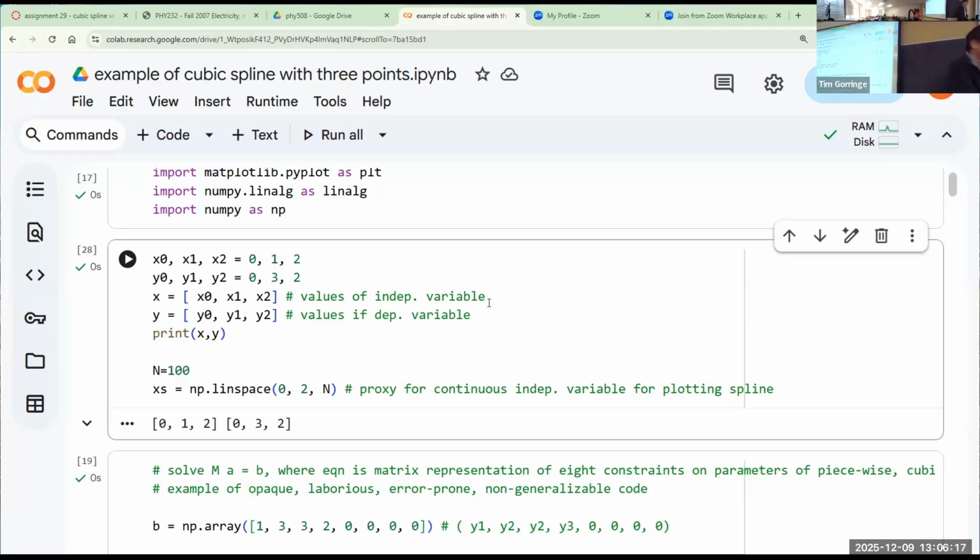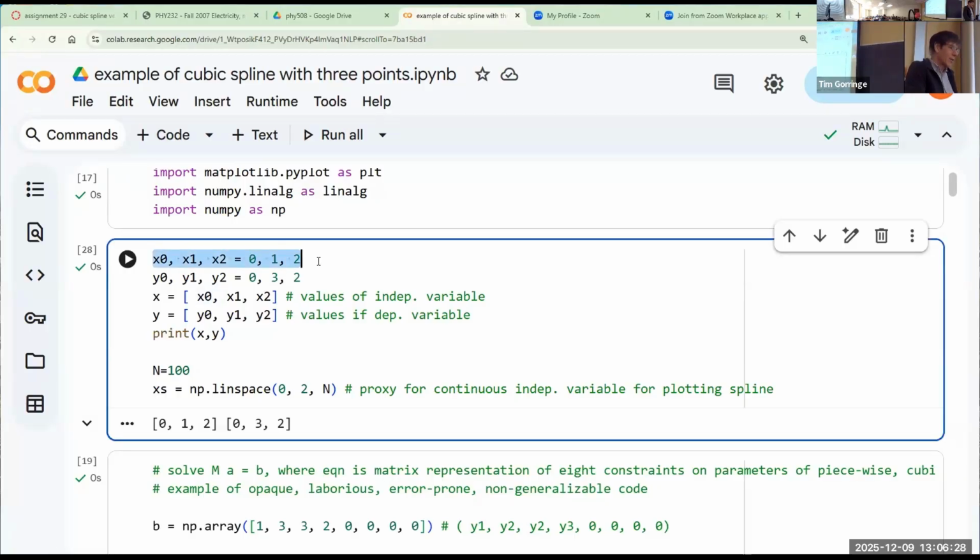So I defined the individual data points through these scalar variables here, x0, x1, x2, y0, y1, y2, just because that was convenient for me later on.